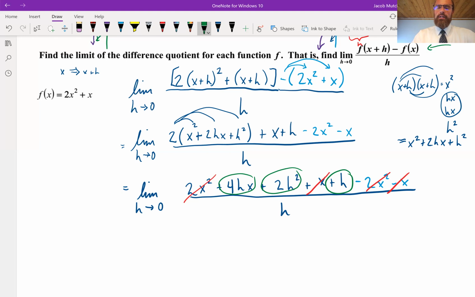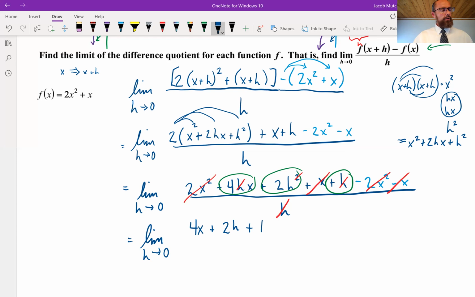So I see that this 4hx has an h, 2h squared has h times h, and h is itself. So the way that's going to look is it's canceling with this lower denominator of h. So that goes, and it cancels one of these in each term. So as I write my next simplification of the limit expression, all I've got left in the numerator now is 4x plus 2h plus 1. And the denominator has canceled out.